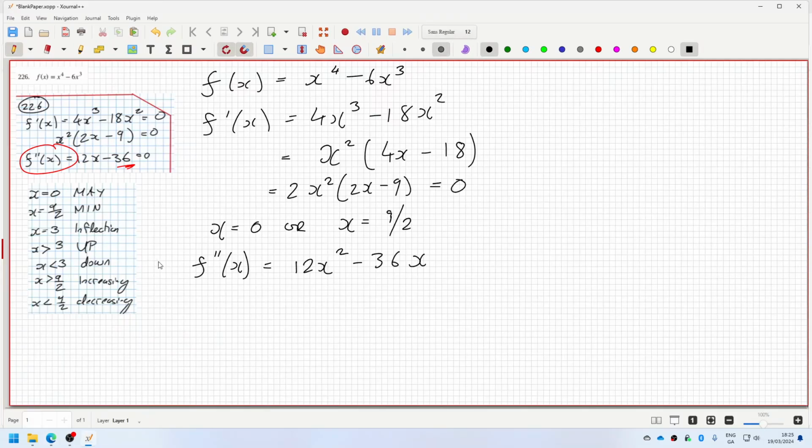Oh dear. Okay. So the second derivative at 0 is 0. And the second derivative at 9 over 2 is, let's see what this is, 81, which is a positive.